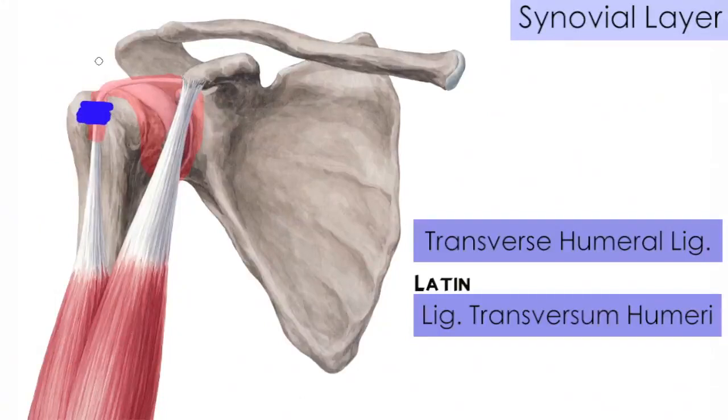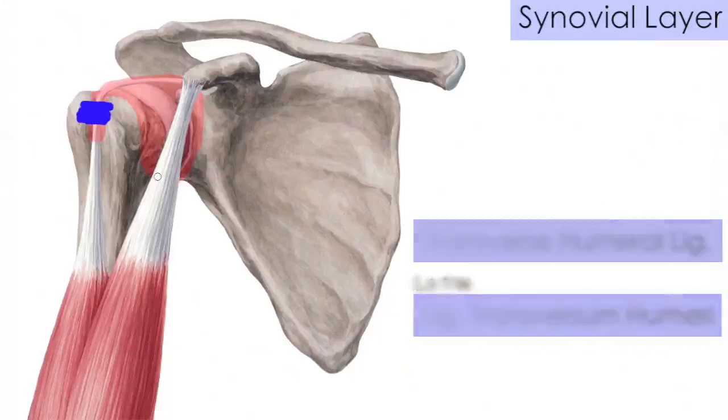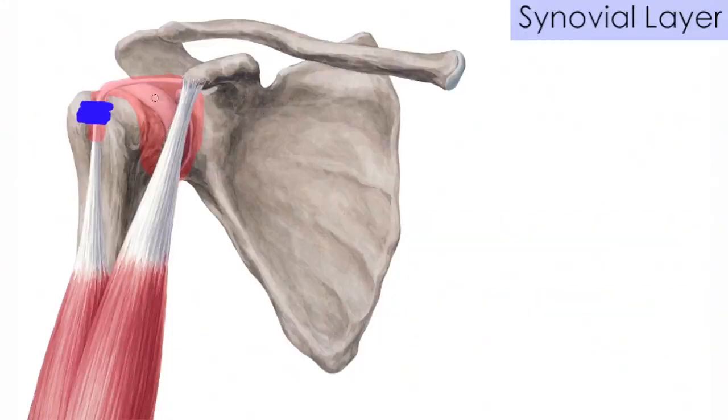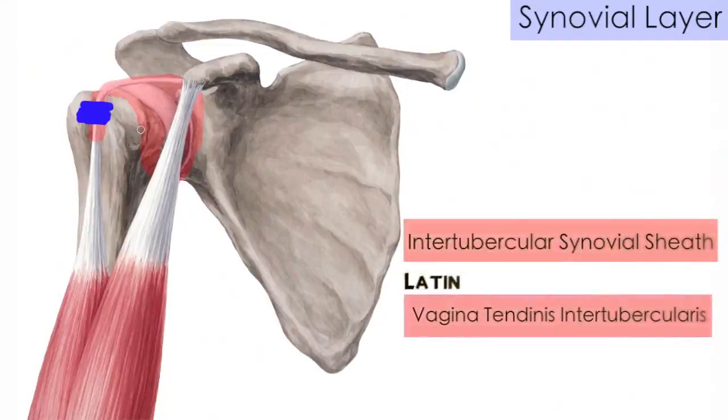This is where you should find the transverse humeral ligament. Now, this extension of the synovial layer surrounding this tendon is what we call the synovial sheath of the intertubercular groove, or sulcus.